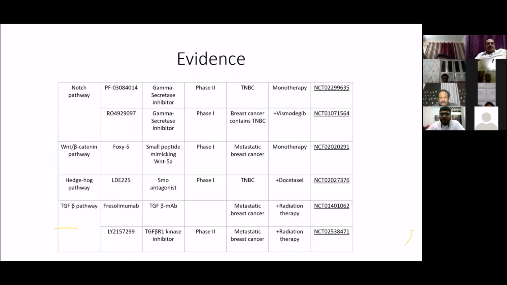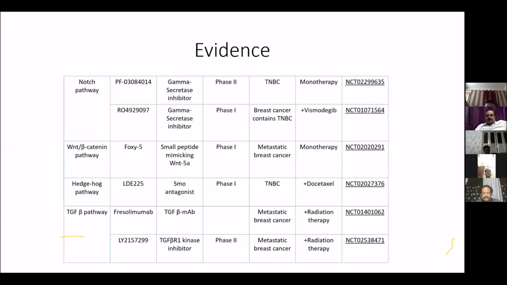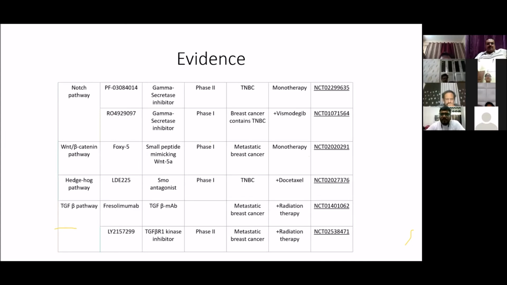So to summarize, I would say we have 4 types: basal-like, immune-mediated, luminal androgen receptor type, and mesenchymal type. In basal-like, there are 2 clinical targets we have, drugs we have. One is the PARP inhibitors, and second is sensitivity to carboplatin.